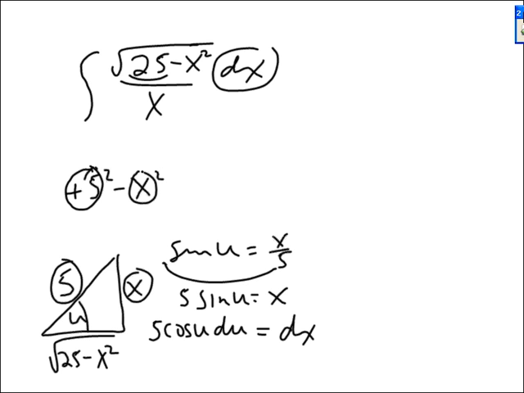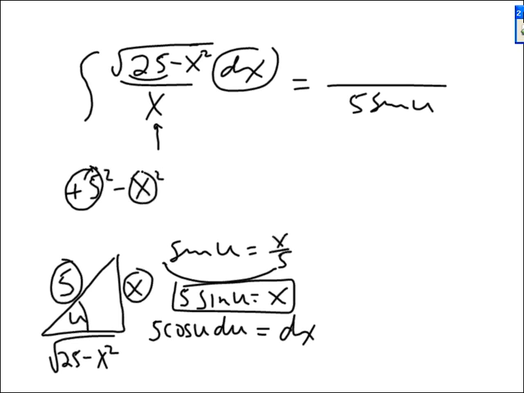Now, I know how to write x. That's 5 sine of u. That's just what it says. I know how to write dx. It's 5 cosine u du. The 5's do cancel. And now I have to figure out how to write the square root of 25 minus x squared.